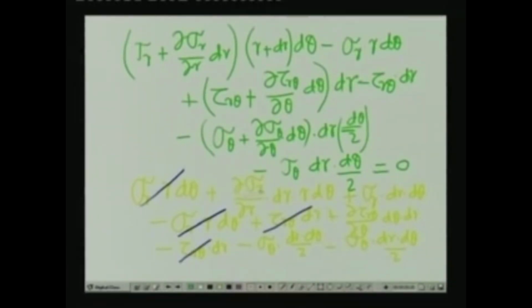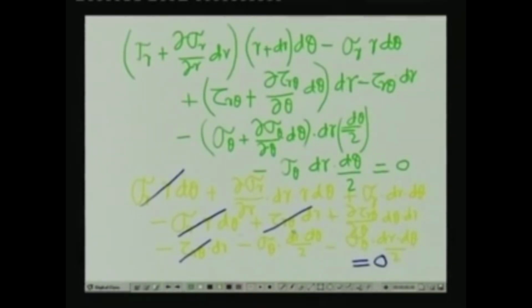So, we have del sigma r del r dr r d theta, sigma r dr d theta, del tau r theta del theta dr d theta, and minus sigma theta by 2, sigma theta by 2, which combine to sigma theta dr d theta, and this is equal to 0 for the equilibrium of the forces in the radial direction.